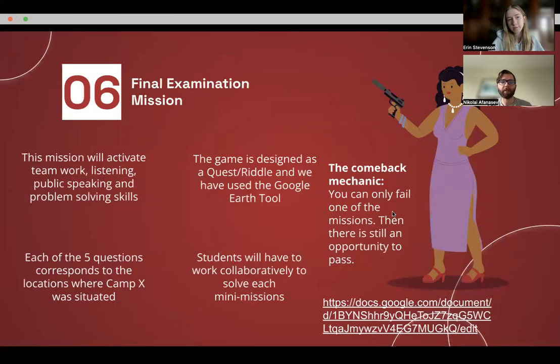The final mission, the final examination mission, is really the combination of all of the previous ones, and this is where the teams will have to use their problem solving skills to solve a series of mini missions. There are 5 questions that they have to solve.